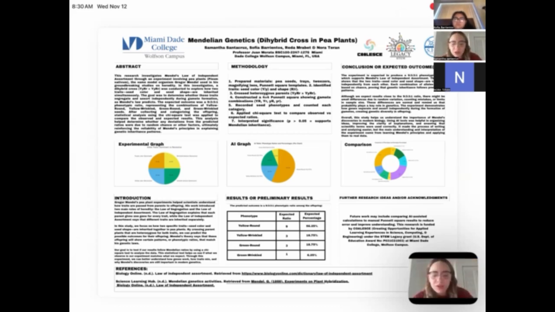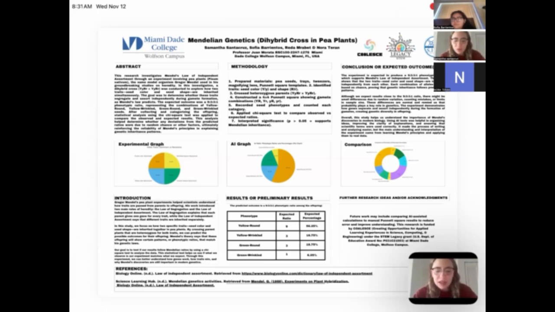With our introduction, Gregor Mendel's pea plant experiments help scientists understand how traits are passed from parents to offspring. His work introduced two main rules of heredity: the law of segregation and the law of independent assortment. The law of segregation explains that each parent gives one gene for every trait, while the law of independent assortment says that the different traits are inherited separately.